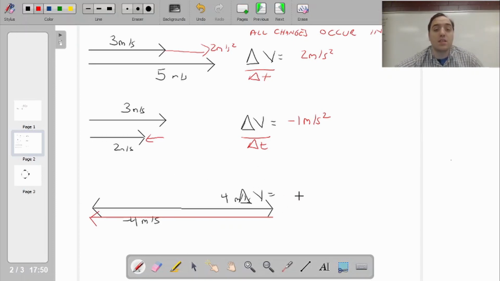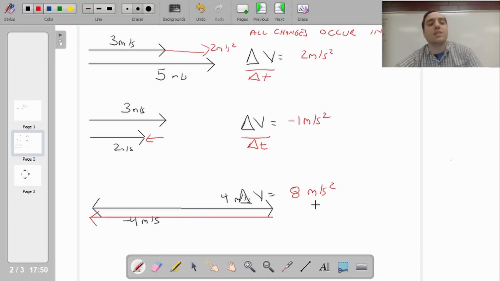In this case, my velocity change is 8 meters per second squared. This is a typo. This should be -8 meters per second squared, because it's final minus initial for any delta calculation. So -4 minus 4 would give you -8, in this case meters per second squared.